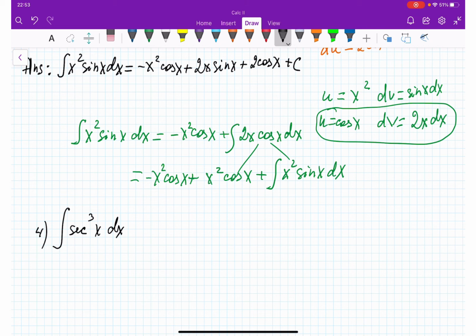The most complicated portion of the integrand that can be easily integrated is secant square x, right? So therefore, I'm going to break it down as integral secant x secant square x. You know what? I wanted to put the square in front.